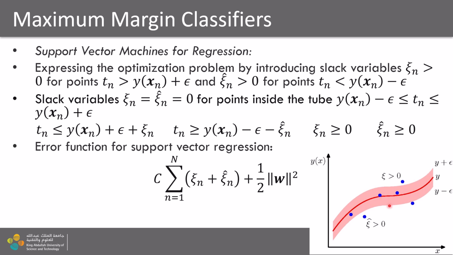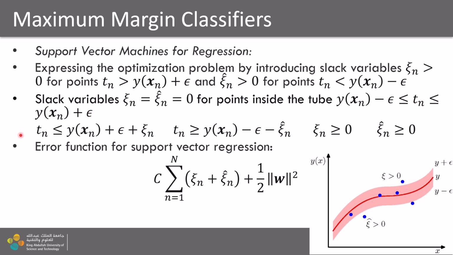And if the Tn is even smaller, then this C hat n is bigger than 0. So these slack variables are equal to 0 for all points which are inside. Like here we see these various points which are inside the tube, defined as y(xn) minus epsilon smaller than Tn, and Tn smaller than y(xn) plus epsilon.